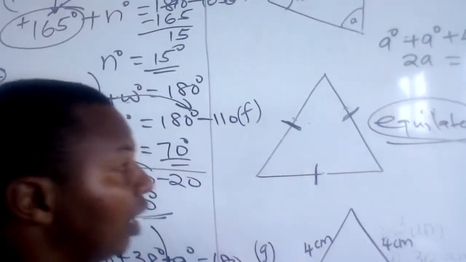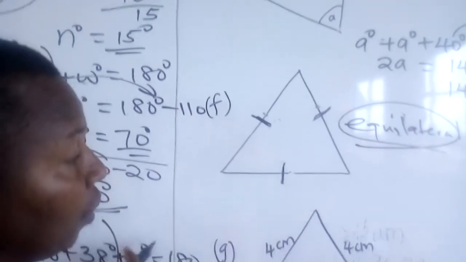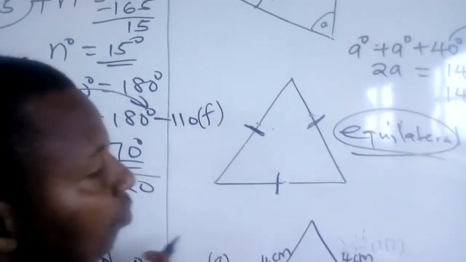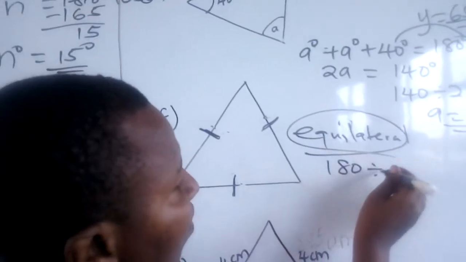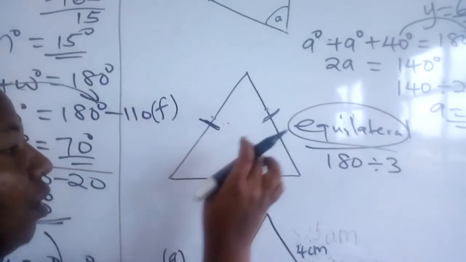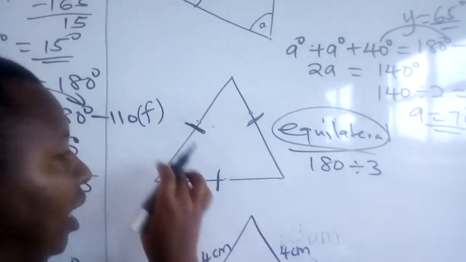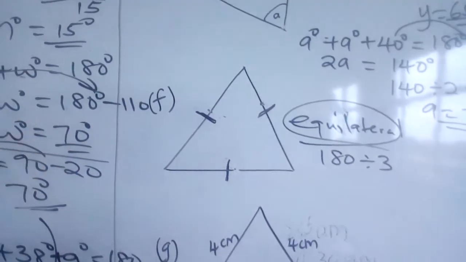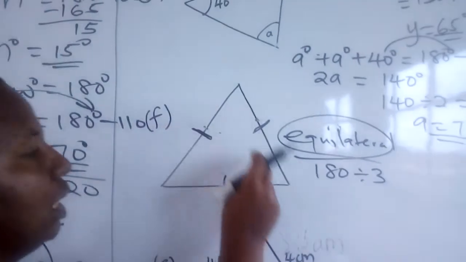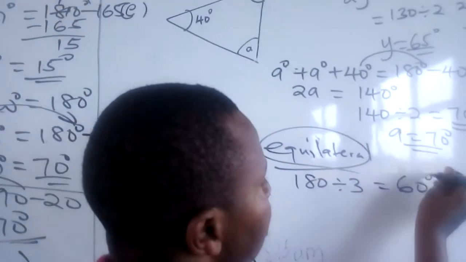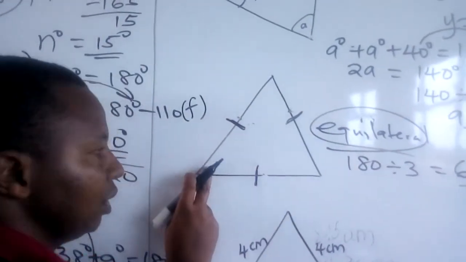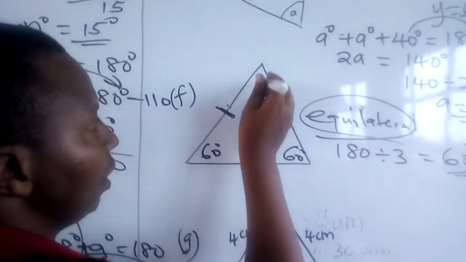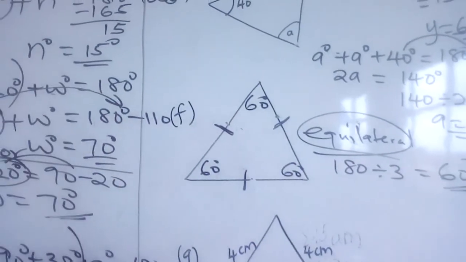What we should know about an equilateral triangle is that all sides are equal and all angles are equal. So it is 180, the total of interior angles, divided by 3 angles, which is 60 degrees. So this angle is 60, this other angle is 60, and that other angle is 60.